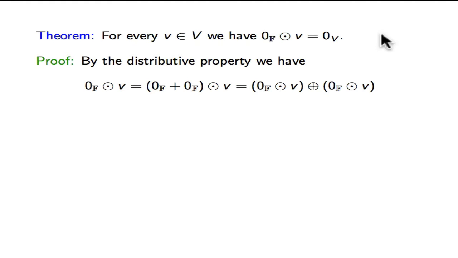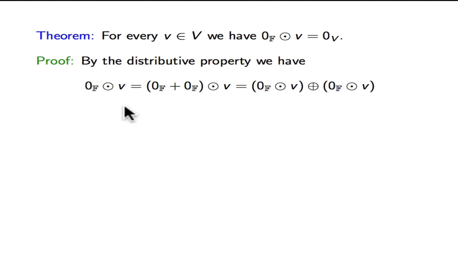And to prove this, we'll start by writing the expression 0 times v, and we write the 0 of the field as 0 plus 0. And now we'll use the distributive property to get that (0 plus 0) times v is equal to 0 times v plus 0 times v.